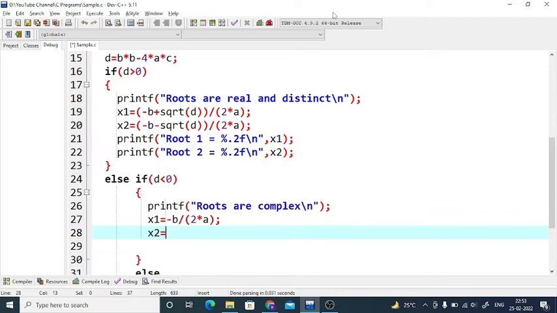So that's the reason I would be saying sqrt of minus d upon 2a. So don't get surprised with that minus d. Remember, we are under the case where d is negative, so minus d has to be positive.